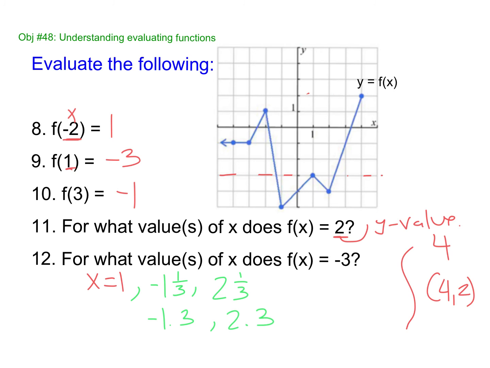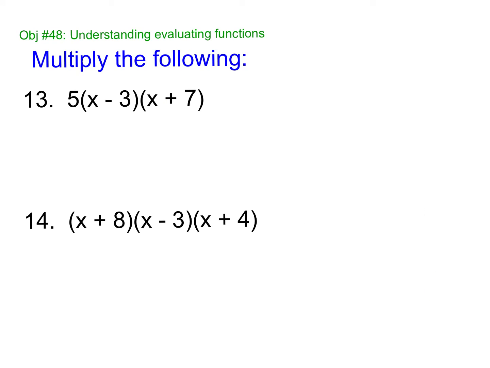Let's see. And then last I want to do multiplying, because I'm seeing a lot of mistakes with problems where we have to multiply out and there's more than 2 things. So we always take 2 at a time, right? So pick which 2. I'm going to start with these 2. I'm going to ignore my 5.